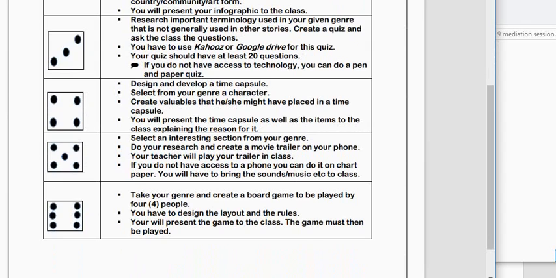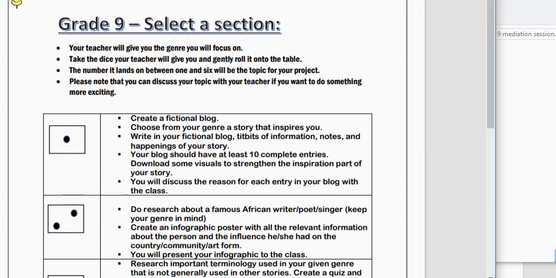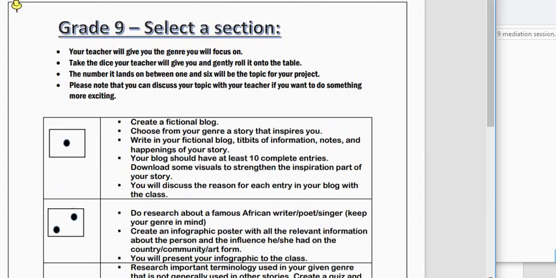If he threw number 4, he will develop a time capsule about an infamous character. If he got number 5, he would do a movie trailer on his phone. And if he had 6, he would design a board game. So the learner must have some kind of document that shows him the topics as well.